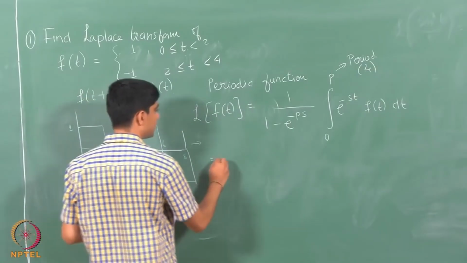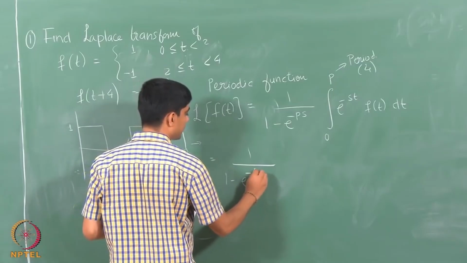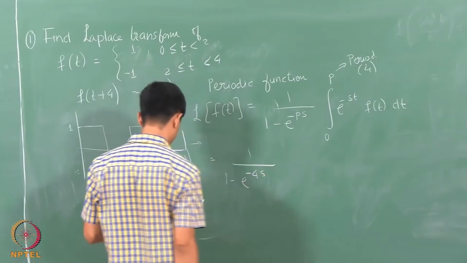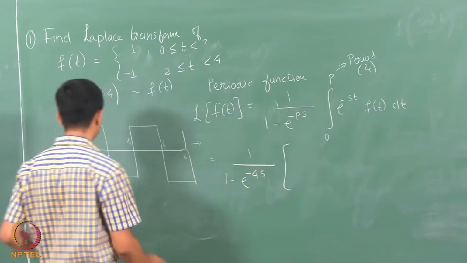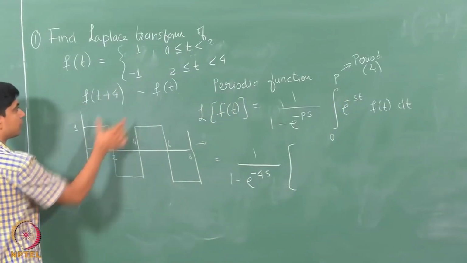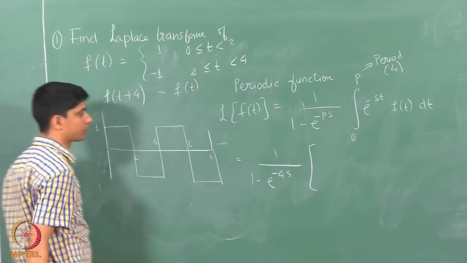So, this would simply now translate to 1 over 1 minus e power minus 4s, and this signal from 0 to 4 has two components, from 0 to 2 this component and from 2 to 4 this component.